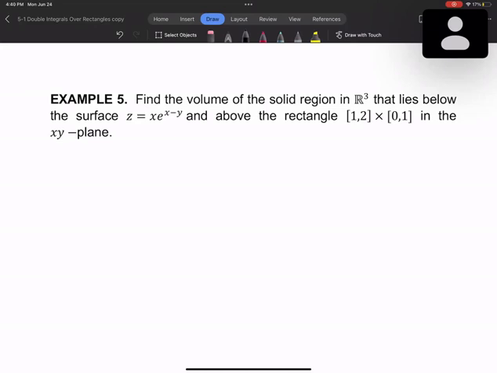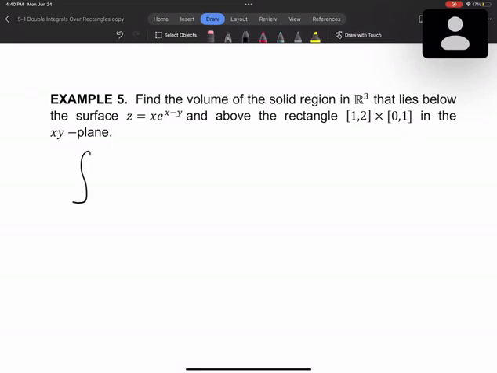Okay, let's do it. So find the volume of the solid region that lies below the surface. Sometimes it's easier if you choose one integral or the other one, but this one is okay. You can do it either way.